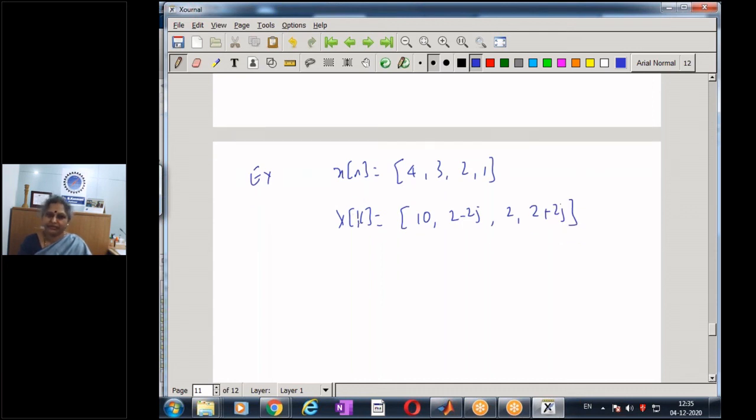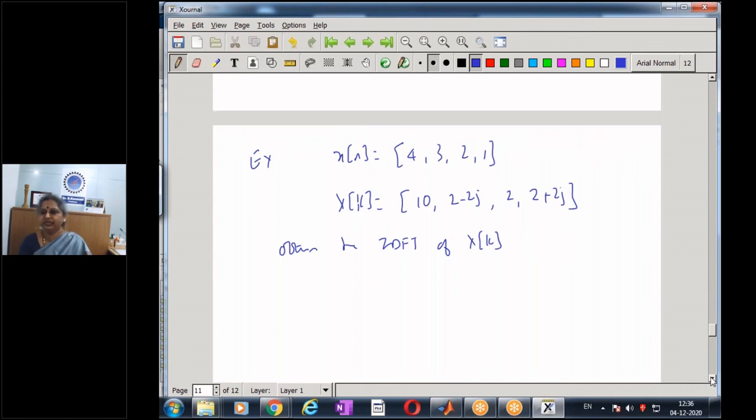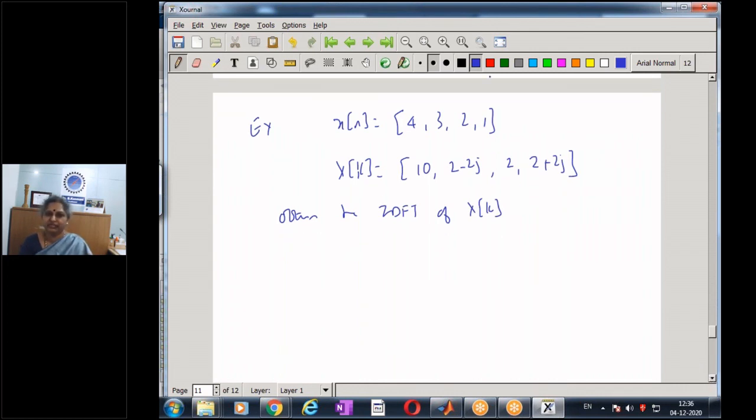Now let me try to do the inverse DFT of this. Let's change my problem statement as: obtain the inverse DFT of X of k. I will first take the complex conjugate of X of k, and that is 10, 2 plus 2j, 2, 2 minus 2j.